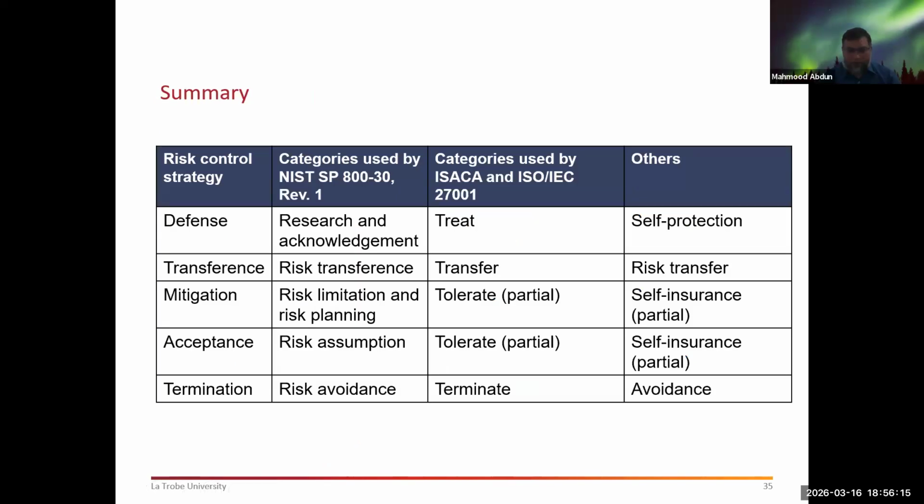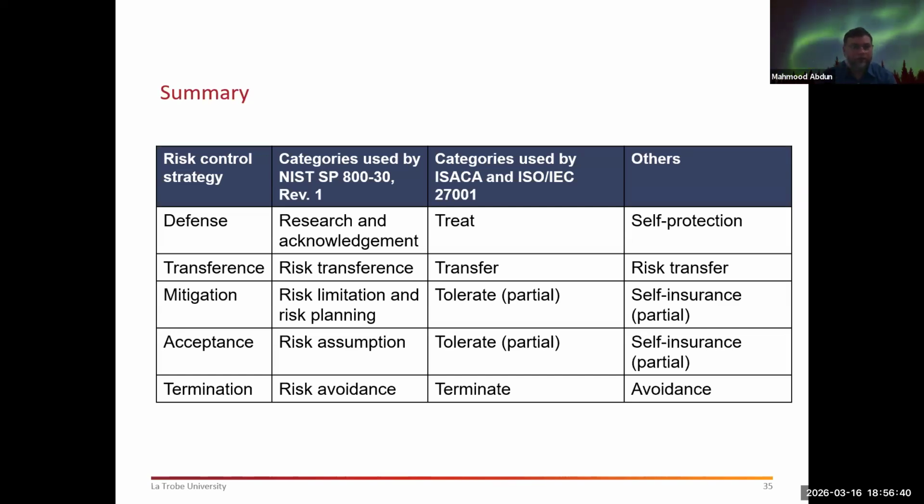Okay, so here you can see a summary of the discussion that we had. Whitman is basically related to the NIST risk management framework, but more importantly to NIST Special Publication 800-30 Revision 1.